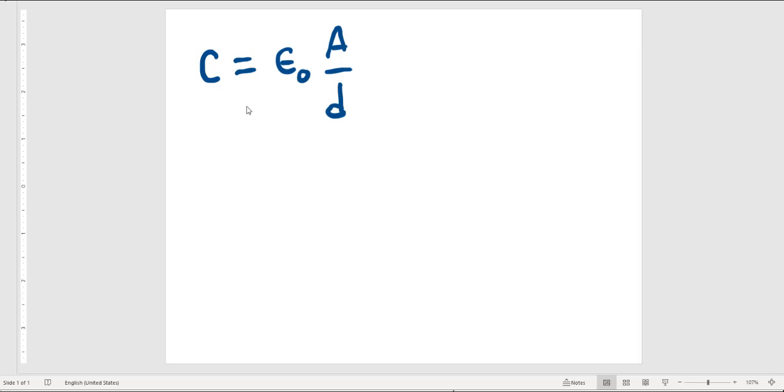So capacitance is related to the area, the distance of the plates, and the permittivity of free space by this equation, which we just wrote out on the whiteboard here. Now we need to fill in the different parameters. We need the area of the capacitor and the distance, and they give us the E naught.